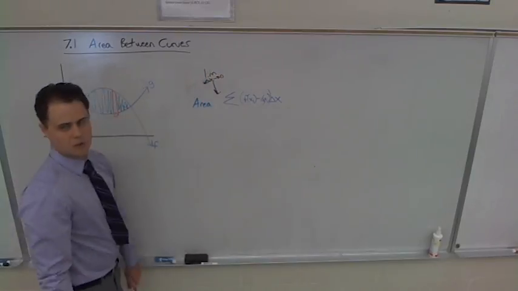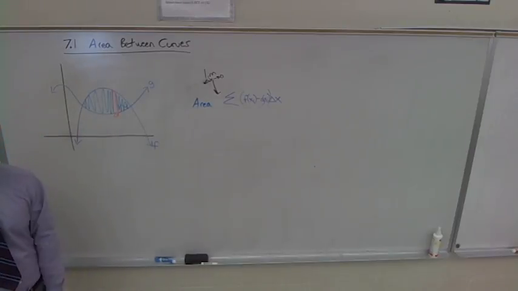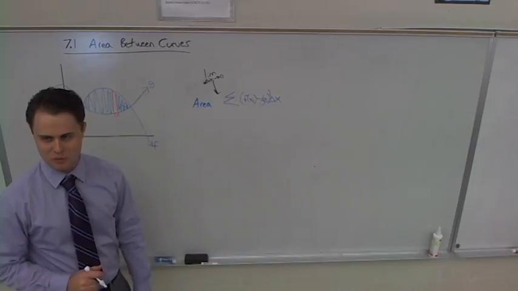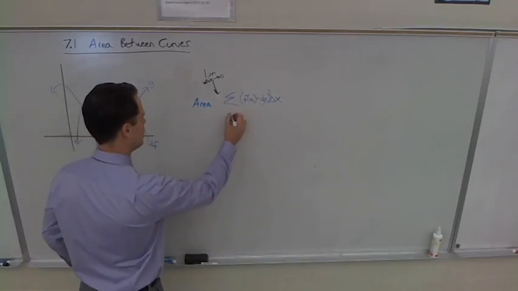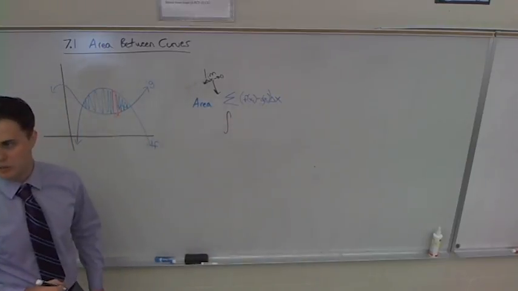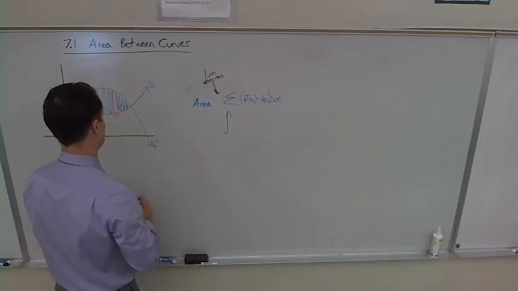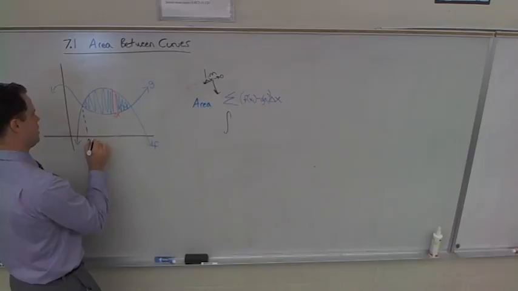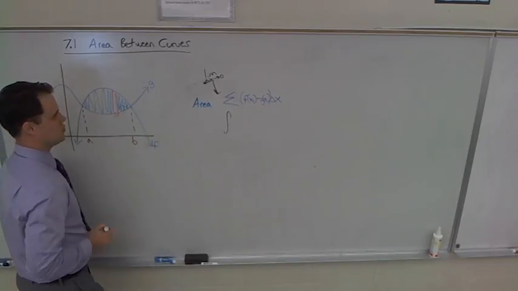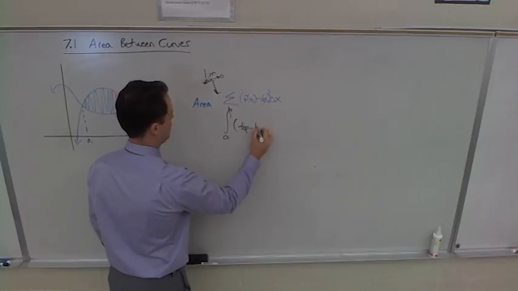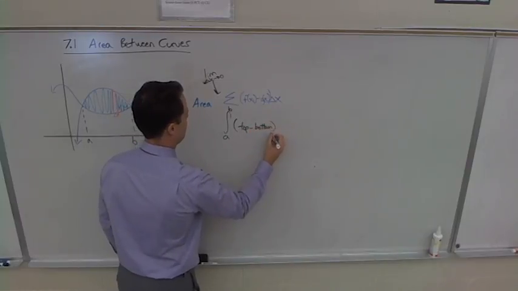Perfect. When you actually do that limit of the sum, I think we've done this before. This is an argument that we've used more than one time already. You get the integral. That is where we started explaining what integrals meant with area. So this is the integral from, let's call this starting spot a to that ending spot b of generically top minus bottom dx.